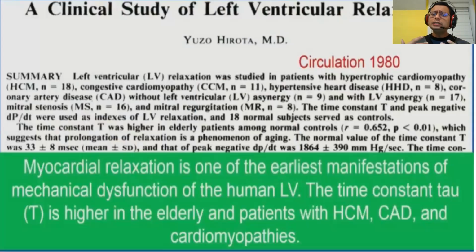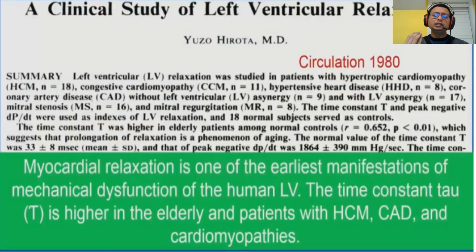Now, how does this all begin? How did the study of diastology begin? This is the earliest study on diastology, published in Circulation in 1980 by someone named Yuzo Hirota. He said that myocardial relaxation is one of the earliest manifestations of mechanical dysfunction of the human left ventricle. And when you look at the ischemic cascade, diastolic dysfunction occurs first, before systolic dysfunction.